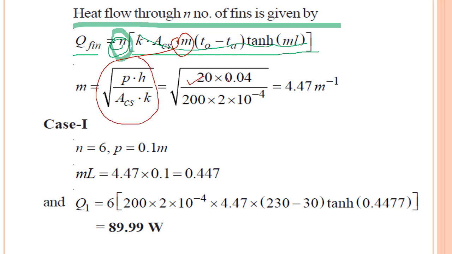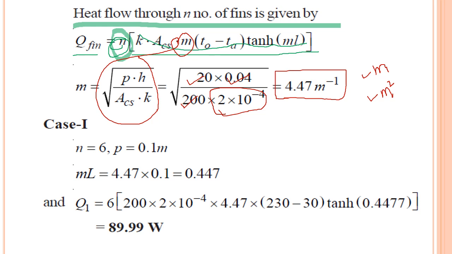So perimeter is given, convection heat transfer coefficient is given, cross section area is given, and thermal conductivity is given. Ultimately we have to convert the length which is in centimeter, or area that is in centimeter square, into meter and meter square respectively. So we will get fin constant value, that is 4.47 meter inverse.